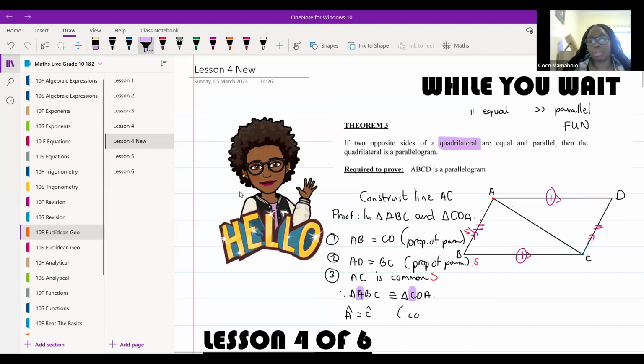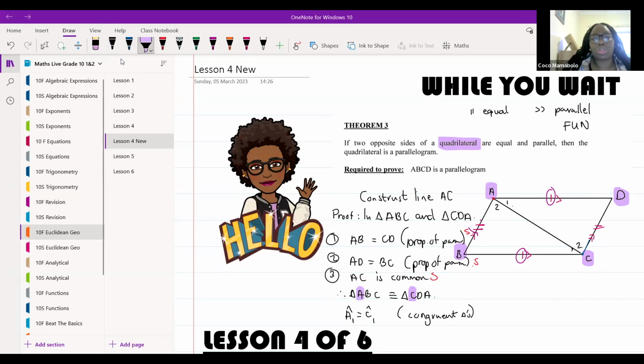I'll just highlight them in purple here. A, B, C, D. There we go. All right. So that tells me that angle A is equal to angle C, and that's because of congruent triangles. Oh, yes, we should technically number them. Yes, we can do that. 1, 2. So I can say that A1 is equal to C1 because of congruent triangles.